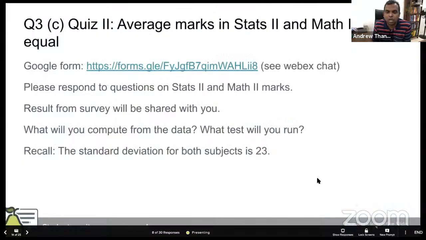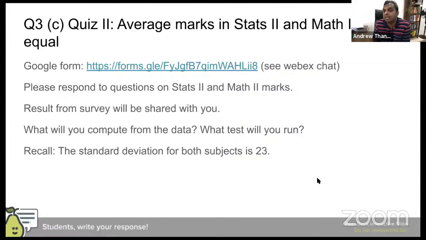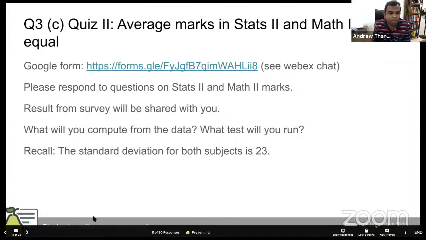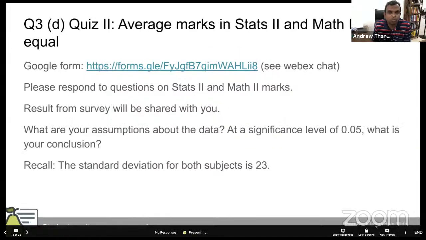And what will be your test statistic? Test statistic will be X bar minus Y bar, right? Okay. What are your assumptions about the data? And at a significance level of 0.05, what is your conclusion? That's the question.